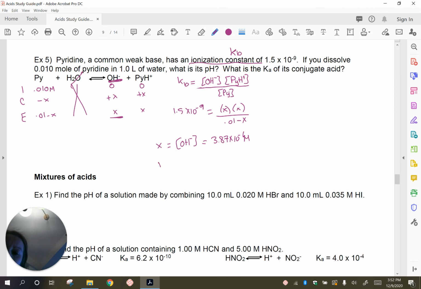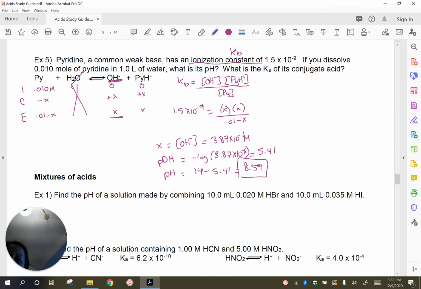So if I want the pH, I need to find the pOH first. pOH would be the negative log of that number, which ends up being 5.41. So if I want the pH, it's 14 minus that, which equals 8.59.